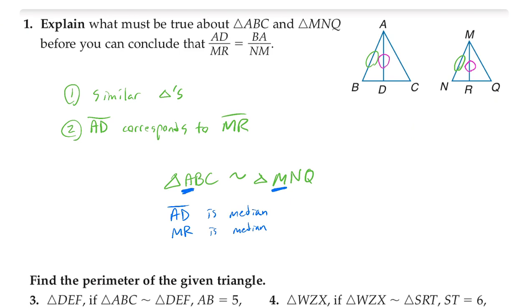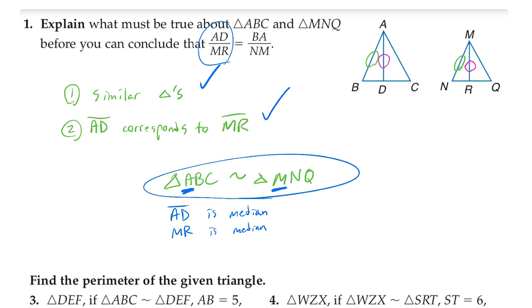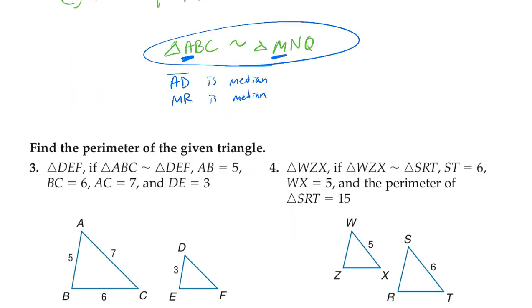So these 2 medians correspond to each other, and the triangles are similar, so we just need to know the shapes are similar, and somehow those items that we want to talk about correspond to one another. And if we do, well, then the ratios are proportional. That was our big idea up above.